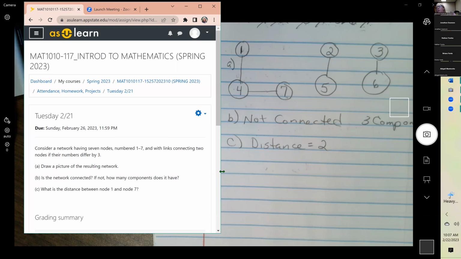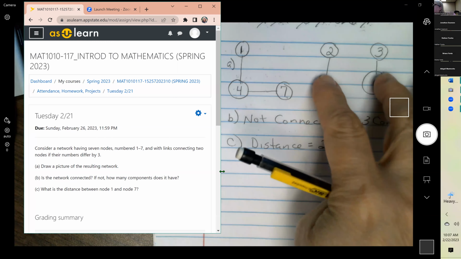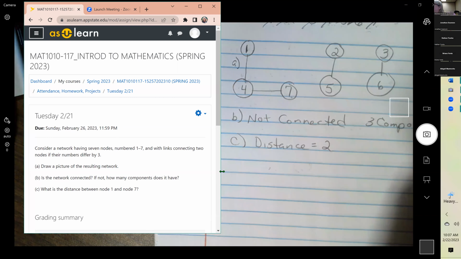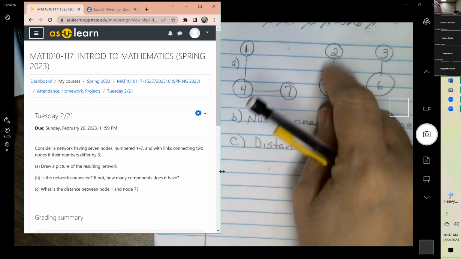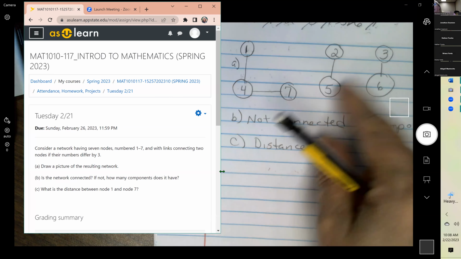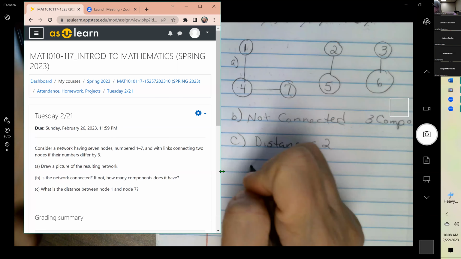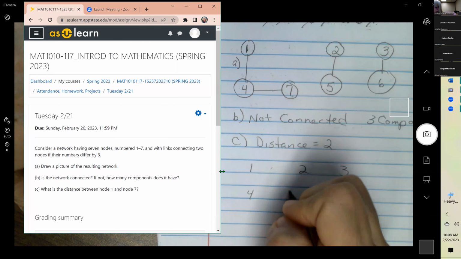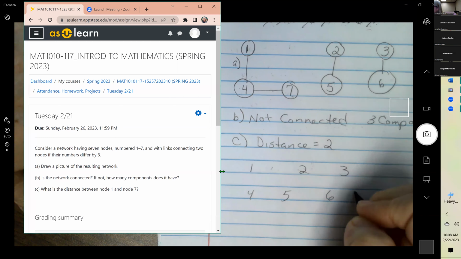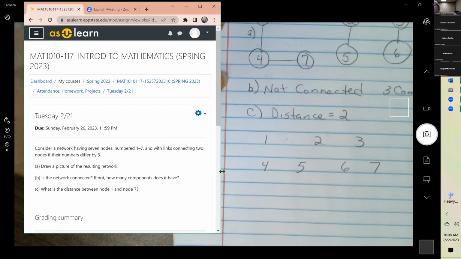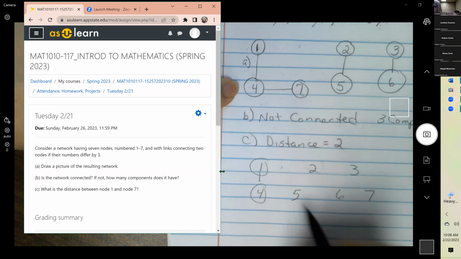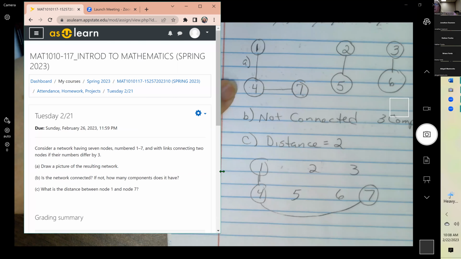And some students even had these in order, like 1, 2, 3, 4, 5, 6, 7. And that's fine, as long as only 2 and 5 are connected, and 3 and 6. So it could have been like that. And we know that 1 and 4 went together, and then 4 went to 7.